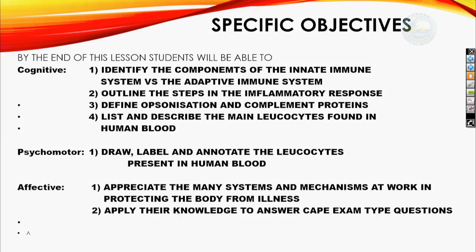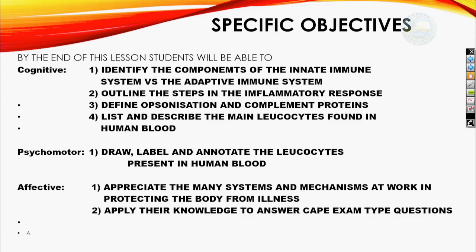What I would like you to go away from this lesson knowing is to identify the components of the innate immune system versus the adaptive or acquired immune system, to outline the steps in the inflammatory response, to define opsonization and complement proteins, and to list and describe the main leukocytes found in human blood.